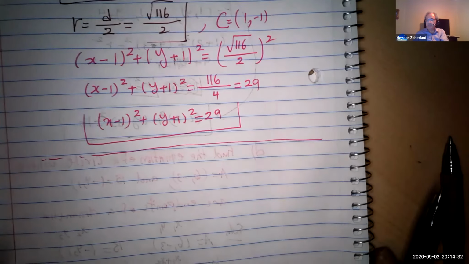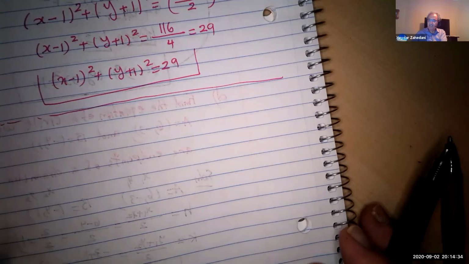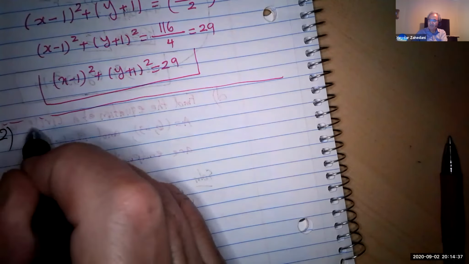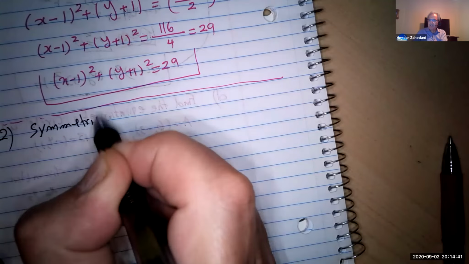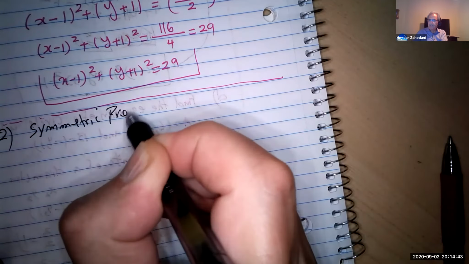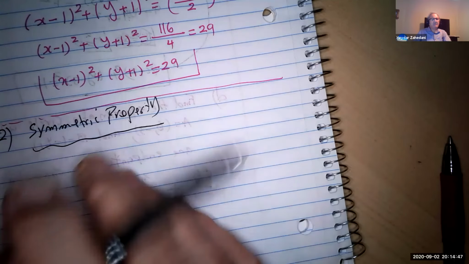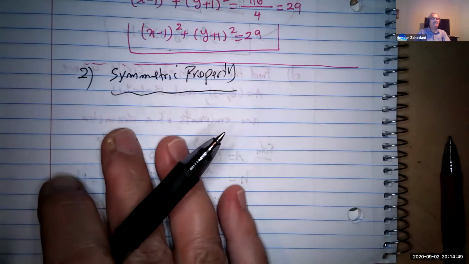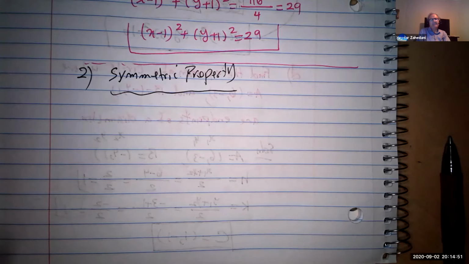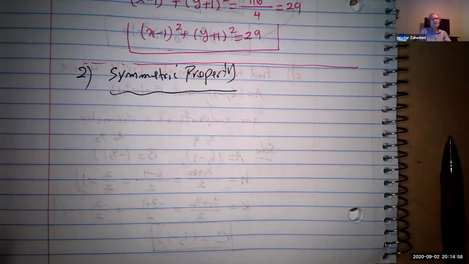Topic number 2, symmetric property, okay? Number 2, symmetry or symmetric property. Remember, the graph can be symmetric with respect to the x-axis, the y-axis, or the origin. If you change x into negative x and everything stays the same, it means you go to the right and the left and everything stays the same, so the mirror is on the y-axis.